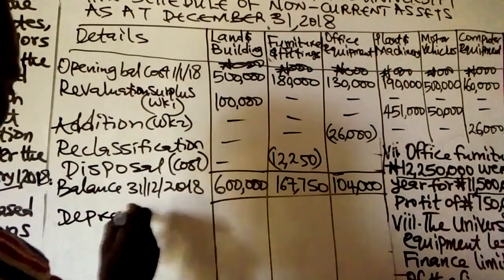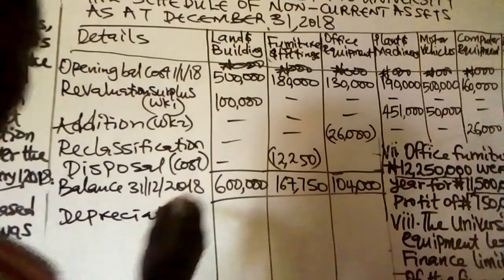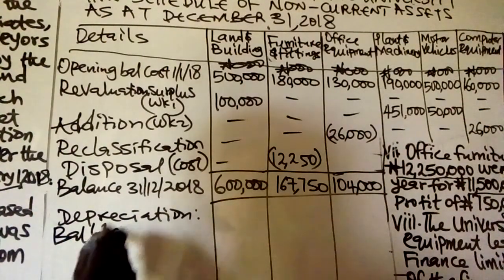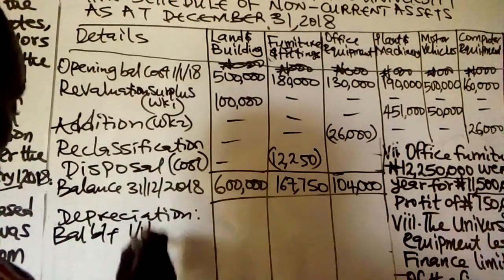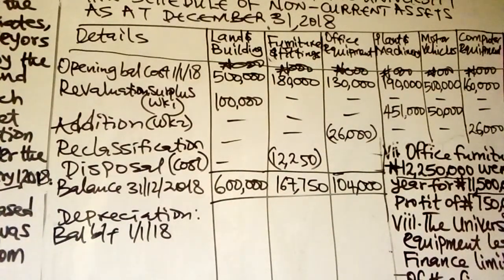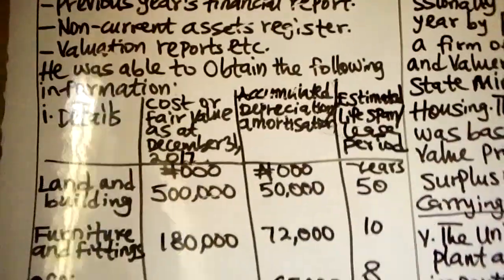Depreciation. I've told you that under this depreciation, you are starting with the opening balance. That is the one as at 1st of January 2018. I've told you that the closing balance as at 31st of December 2017 will be the opening balance as at 1st of January 2018.